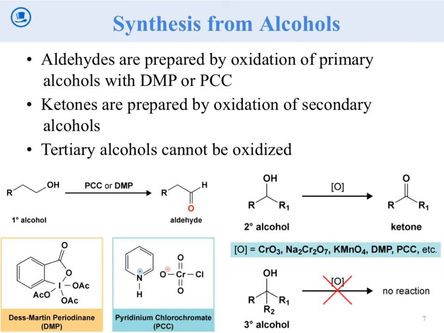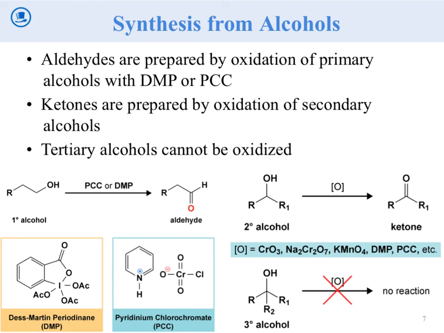It complements PCC, which we've learned about, as PCC is a way to go from alcohol to aldehyde and not keep going to carboxylic acid, and DMP is essentially doing the same thing. Same rules apply. If it's a primary, you'll make an aldehyde. If it's a secondary, you'll make a ketone. If it's a tertiary and there are no hydrogens on the carbon attached to the oxygen, nothing happens. You need to have hydrogens to remove there.